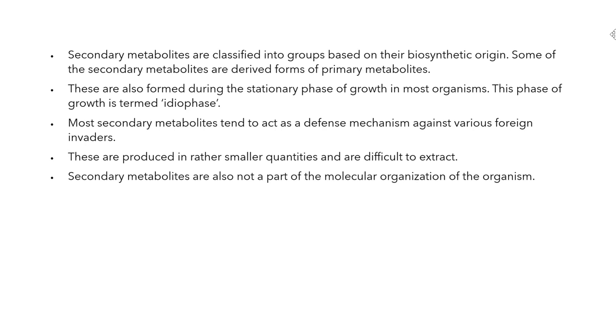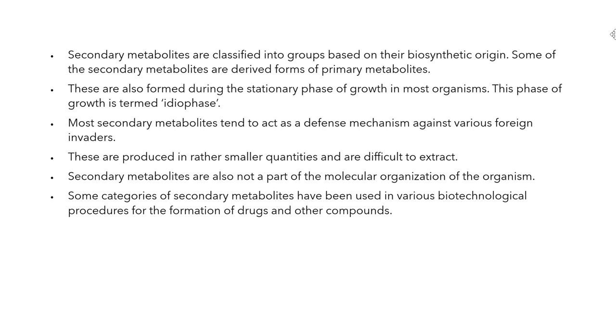Then secondary metabolites are also not a part of the molecular organization of the organism. Some categories of secondary metabolites have been used in various biotechnological procedures for the formation of drugs and other compounds, as they are used in the body as anti-inflammatories or antibiotics.